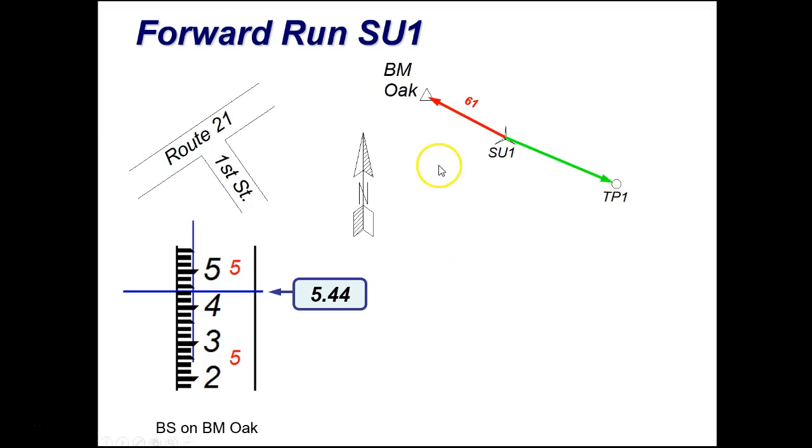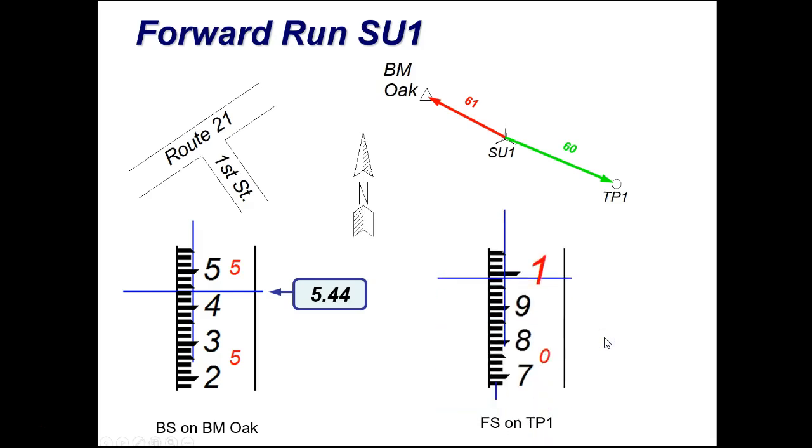All right, and then we bring our rod over here to turning point 1. We paste that as we go as well. Now our instrument hasn't moved, it's still right here. Our rod has moved, now we're up here, and we're taking a FS or a foresight, front sight on turning point 1. That's what we look through the instrument, and this is what we see.